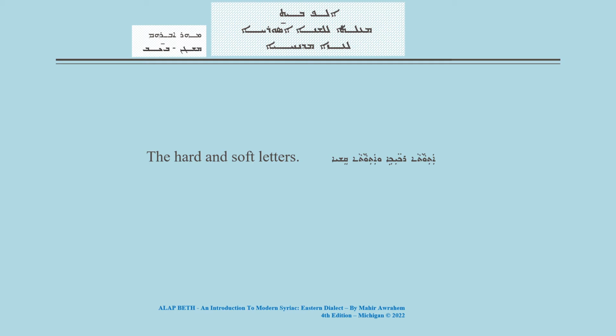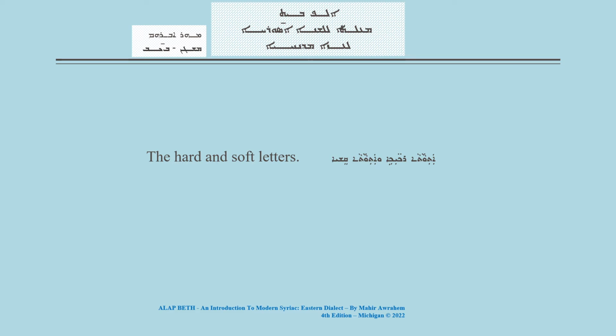If you look at the table on page 67, the first letter is Beth, and the dot under the Beth is going to give me the sound of w, as in kthawa. Look at the red.